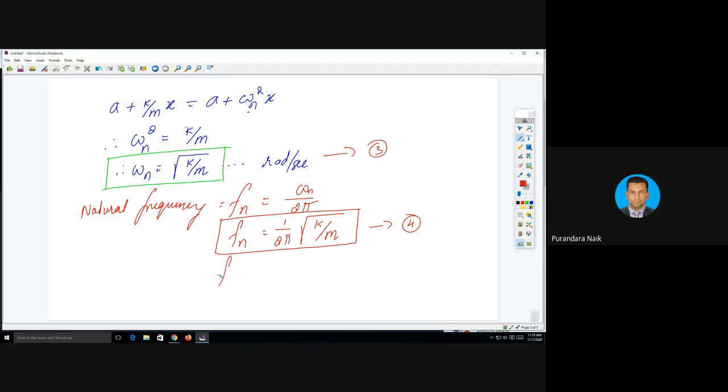Or you can write this equation, Fn is equal to 1 by 2 pi square root of g by delta. Why? Because mg is equal to k delta, right? So k by m is equal to g by delta for the second position. Next is the last one, time period.